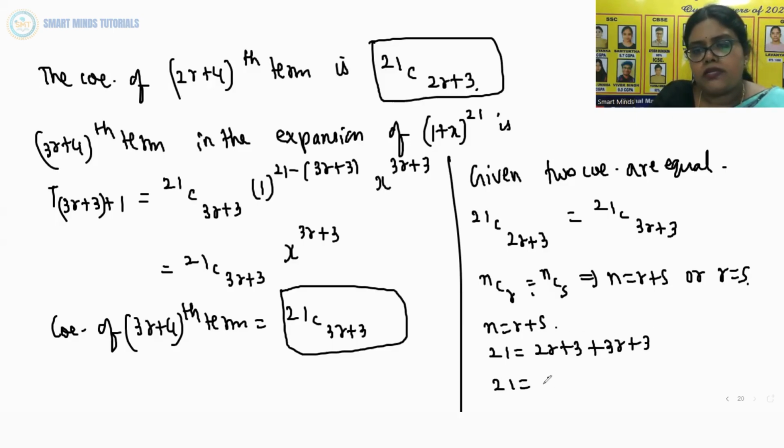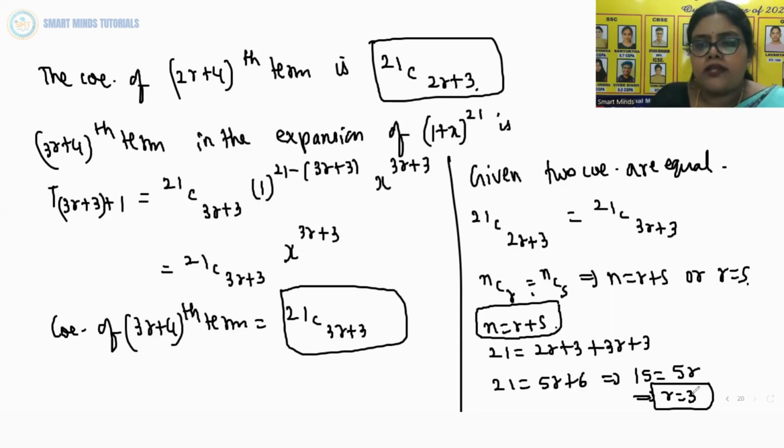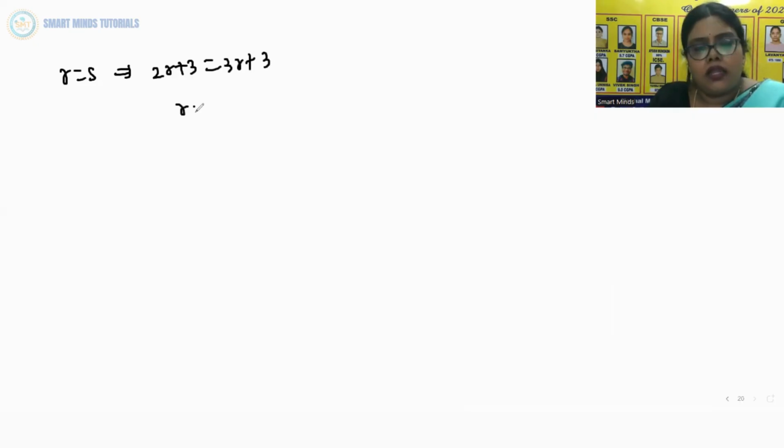So 21 is equal to 5r plus 6. So 15 is equal to 5r. So you get r is equal to 3. Now here we have taken n is equal to r plus s, and so we got r is equal to 3. Now if we take simply r is equal to s, then you get 2r plus 3 equals 3r plus 3. So r equals 0.